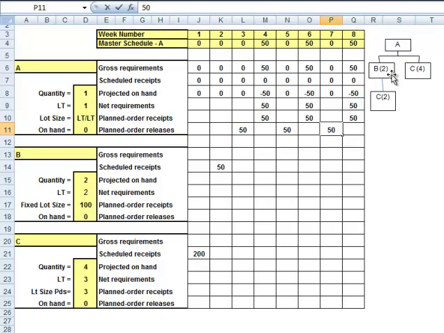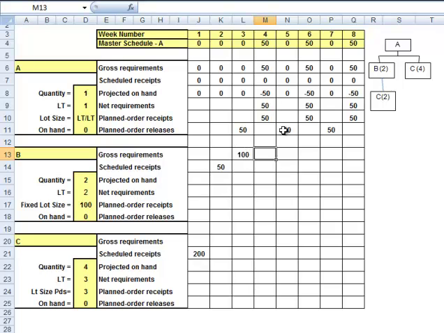So to calculate the dependent demand for part B, it takes 2 B's in order to make 1 A. So if I need to start 50 A's in time period 3, and it takes 2 B's to make 1 A, 50 times 2 is going to be equal to 100.